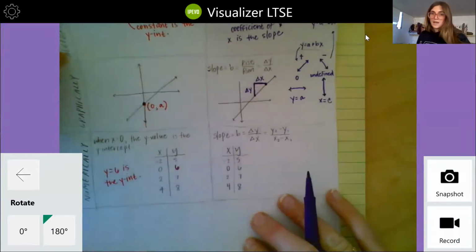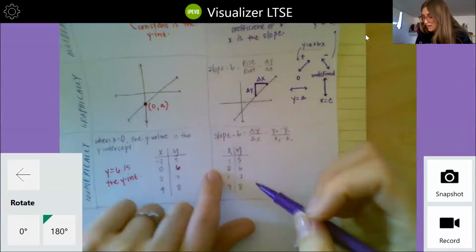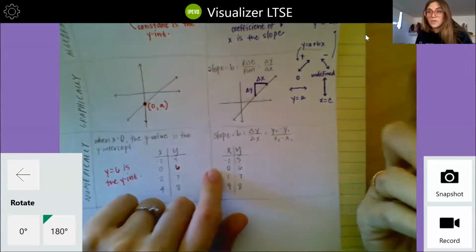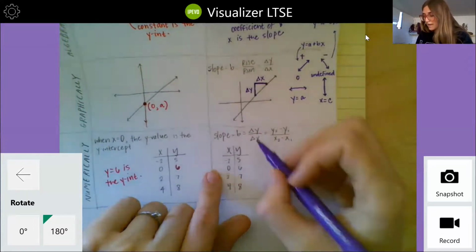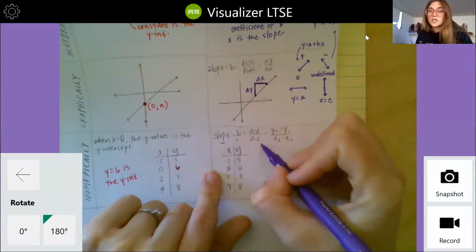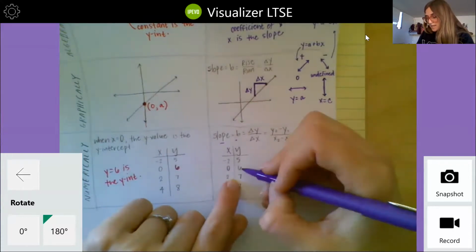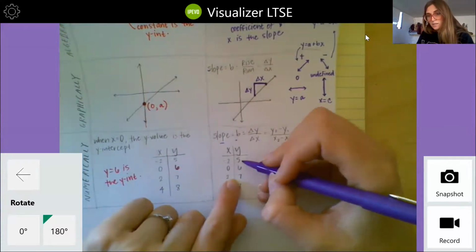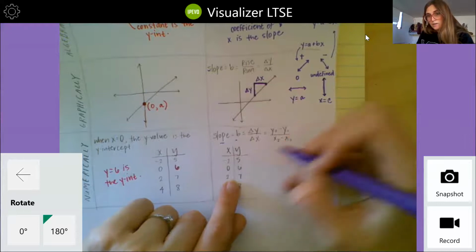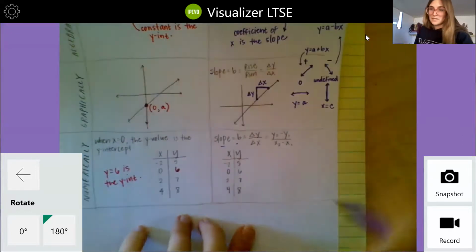Now let's look at the numerical way of finding slope. If I was given an input-output table, how would I figure out what the slope is? Again, the slope is equal to the change in y over the change in x. The change in y is taking one value of y and subtracting another. That's what y2 minus y1 means.